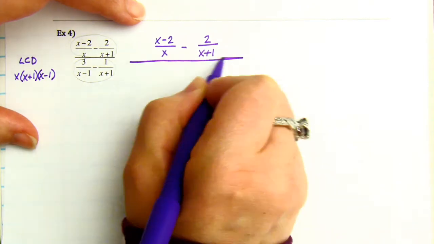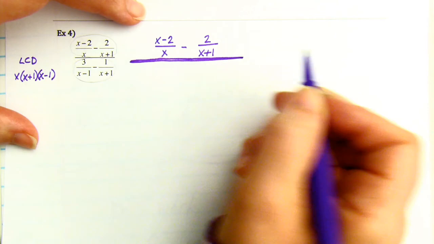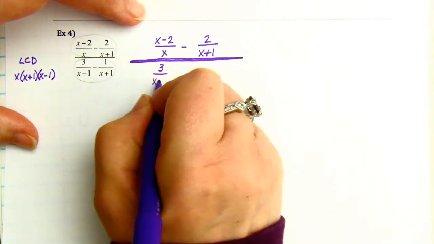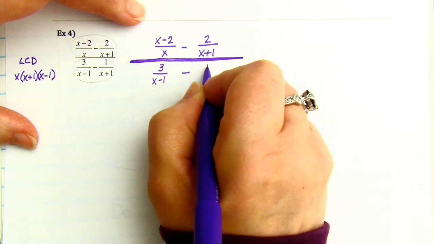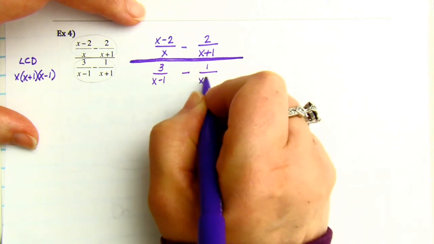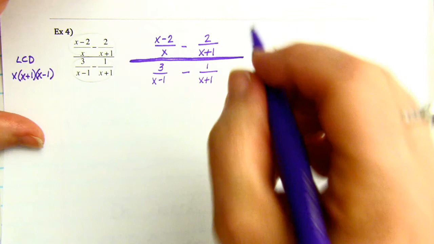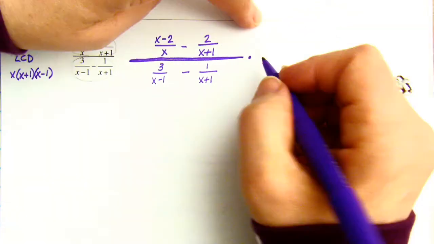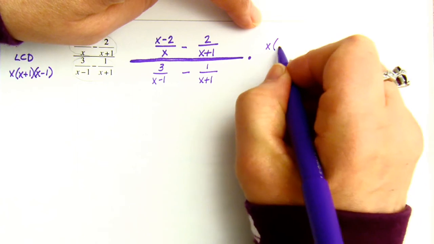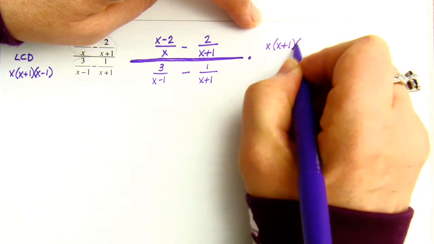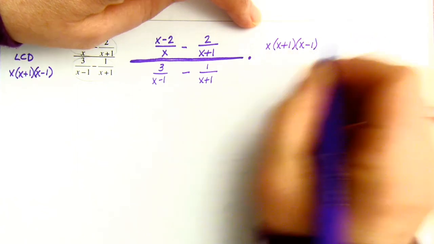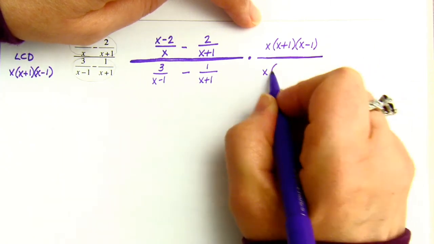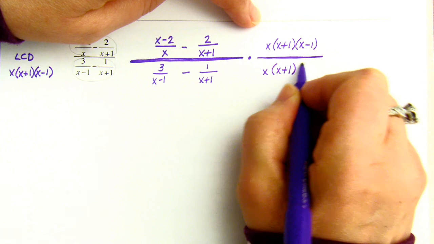Thick fraction bar, you might want to make it longer as well. 3 over x minus 1, subtract 1 over x plus 1. Multiply by the least common denominator over itself. x plus 1, x minus 1, x plus 1, x minus 1.